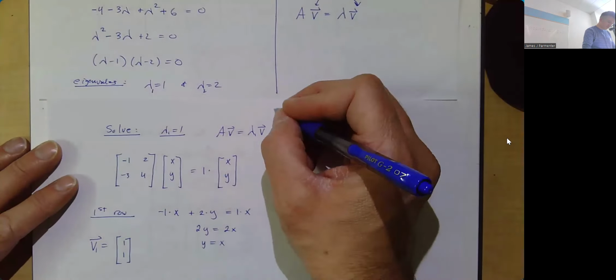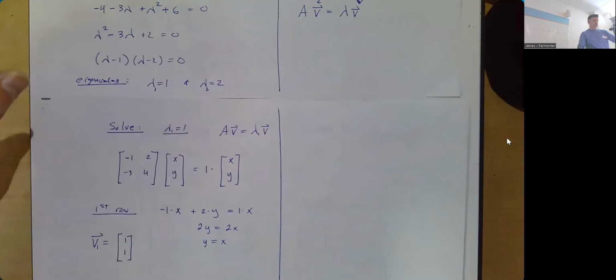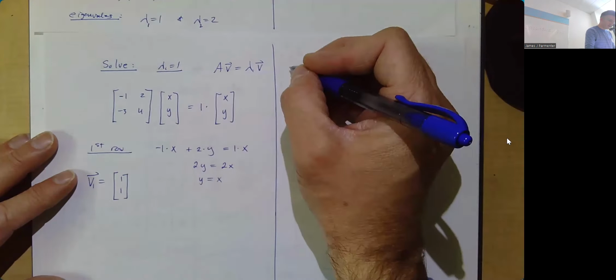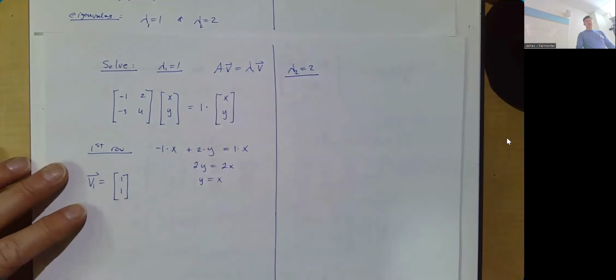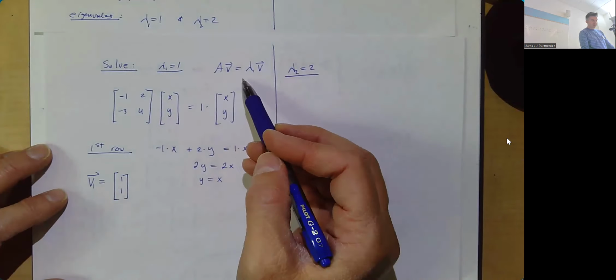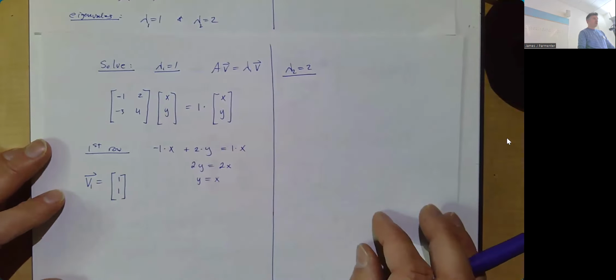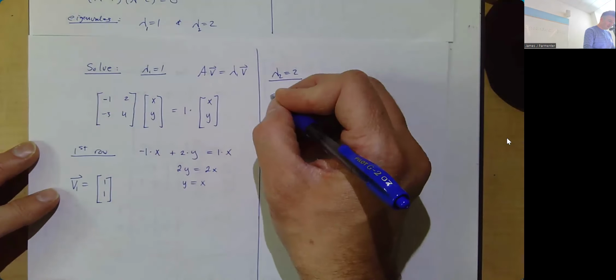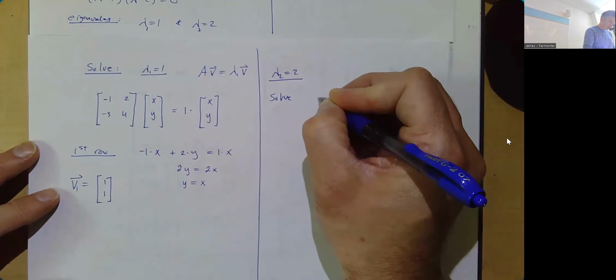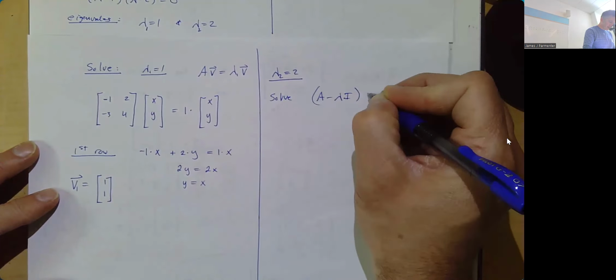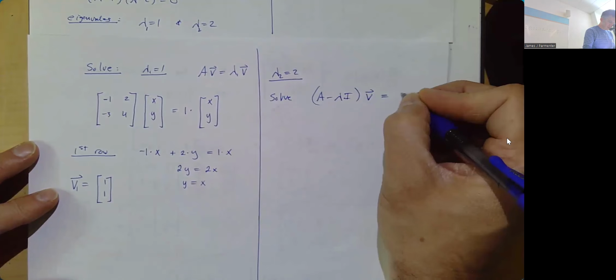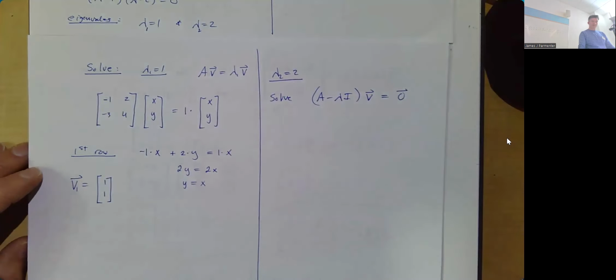Let's find the other one for lambda equal to 2. Now I'm going to show you the alternate way of doing this, which is not my favorite, but it is some people's favorite. So instead of solving A times v equal to lambda times v, you can alternatively solve A minus lambda I times v equal to 0. When I say 0, I mean the 0 vector, 0, 0.